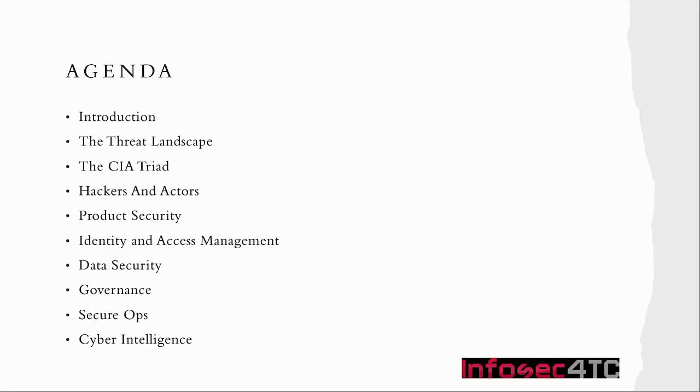So our agenda today: we start with the threat landscape. We cover some attacks facing our organization. We also cover the confidentiality, integrity, and availability triangle, hackers, their motivation, their tools, tactics, and so on, and also how to secure our product, how to secure identity and access management, data security, security operation, and cyber intelligence.